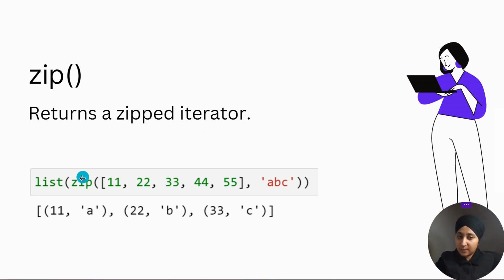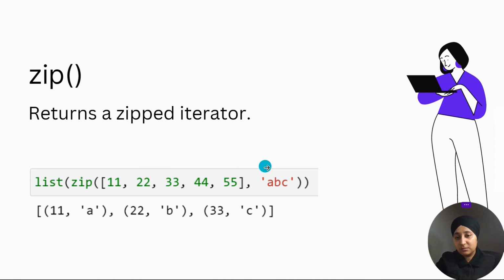So here what the zip function is doing is zipping 11 with a. This is an iterable object, and this is an iterable as well. So these two iterables are clubbed one by one. This first element is clubbed with the first element of the next iterable.